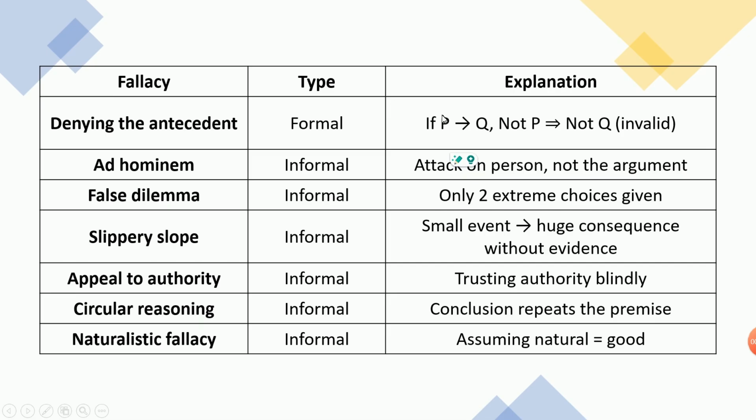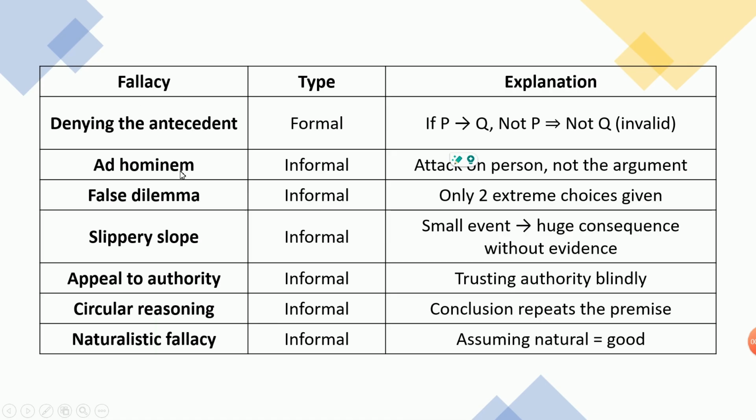But if P is not there, then Q won't be there, which is invalid. So denying the antecedent. Antecedent means the preceding one, the one that comes first. So when the first part is denied and the following part is rejected, that is the formal fallacy, denying the antecedent.